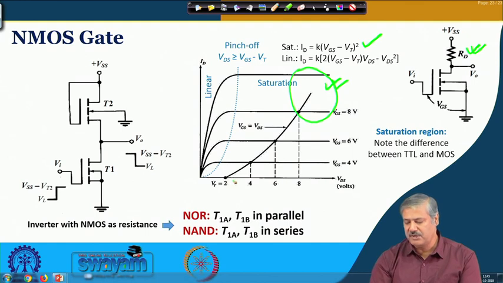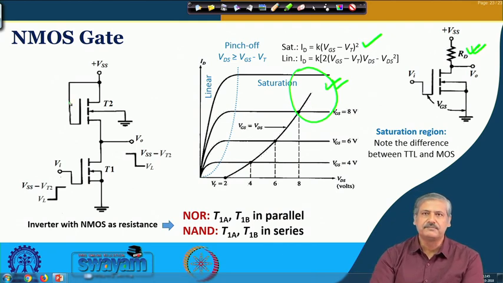You can see the current variation with voltage is approximately linear. So this is used as a load instead of an actual resistor, and requires less space.